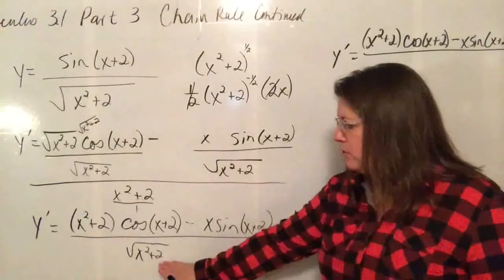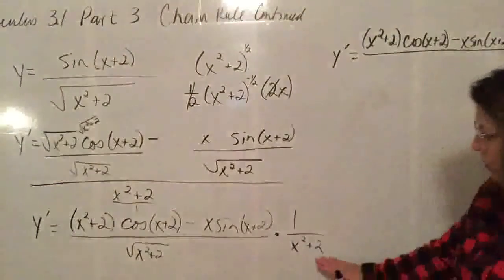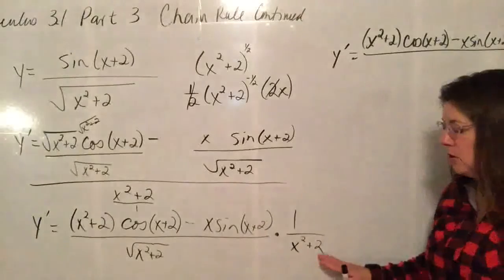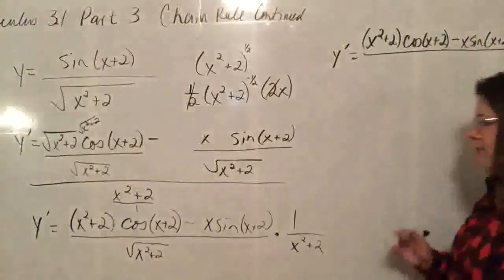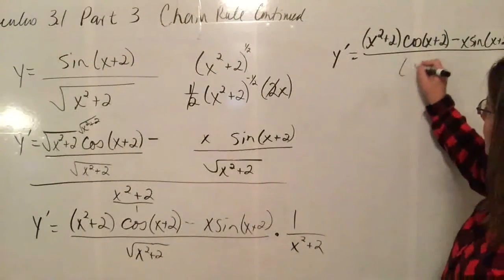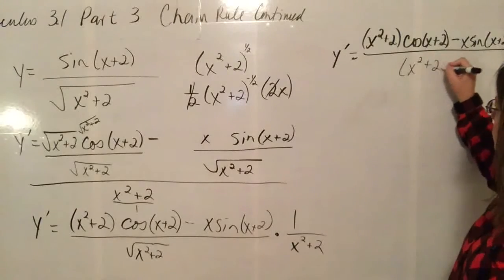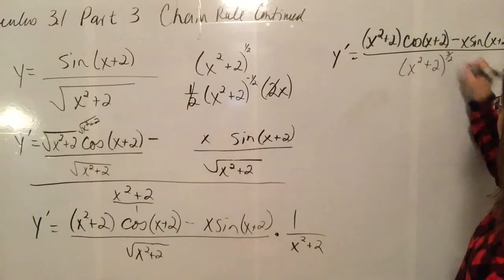Well, this is x squared plus 2 to the 1/2 power. This is x squared plus 2 to the 1 power. So if I add 1/2 plus 1, that's 3/2. So I have x squared plus 2 to the 3/2 power.